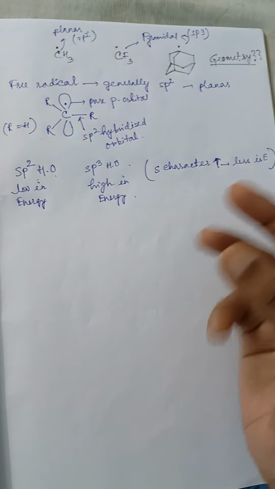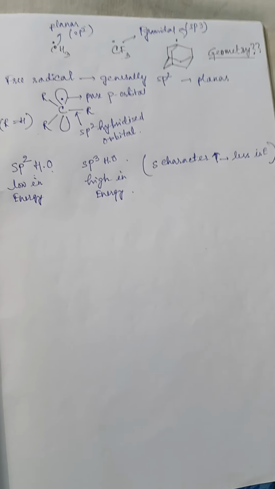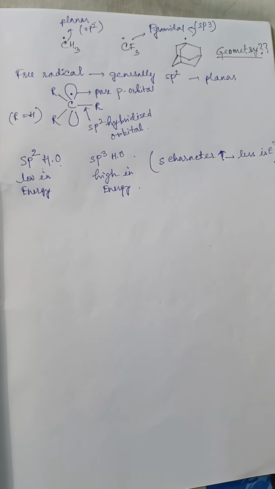The s orbital is closer to the nucleus, so it's low in energy.